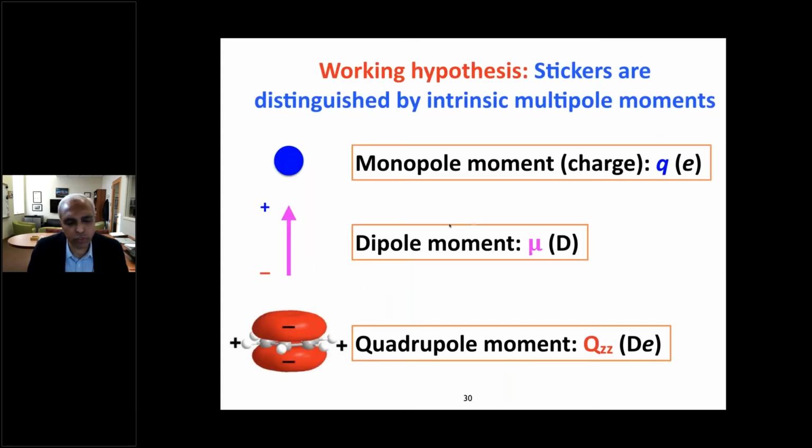So this led us to ask the question of why tyrosines, why arginines. There are several ways to skin this why cat, if you will. We said, well, we can ascribe intrinsic multipole moments to each of these stickers. These stickers can have a charge and therefore a monopole moment, they can have a dipole moment, they can have a quadrupole moment, which talks about the in-plane arrangements of dipoles with respect to one another.